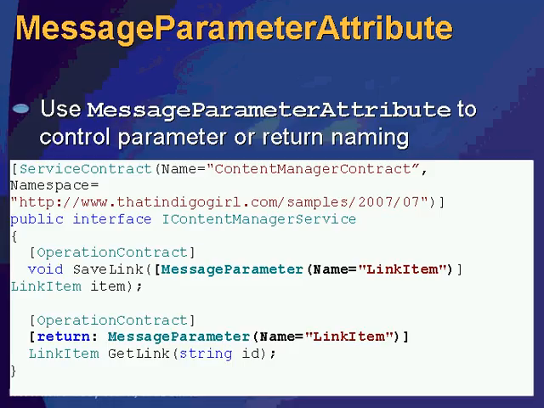So to control what that XML looks like, you can use the message parameter attribute and provide even a proper name like the CLR type name. And that will tell it, when it serializes this message, inside the body of the message, use LinkItem as the proper name of the XML element. Now, why would I care about that? It's going to work either way.